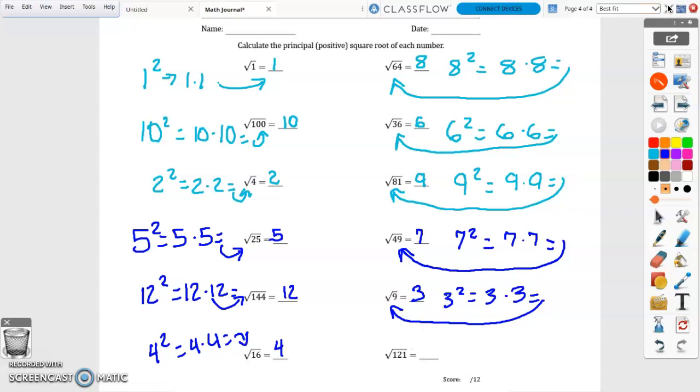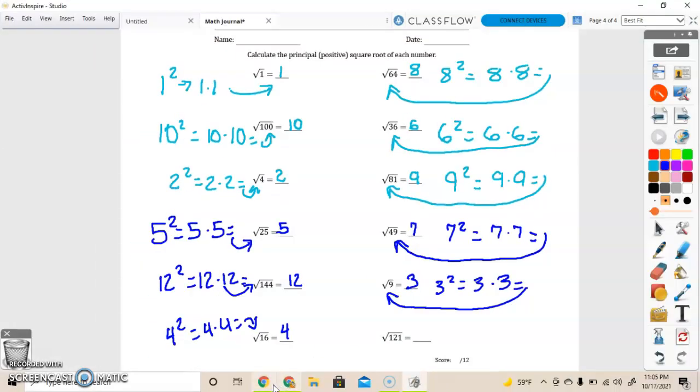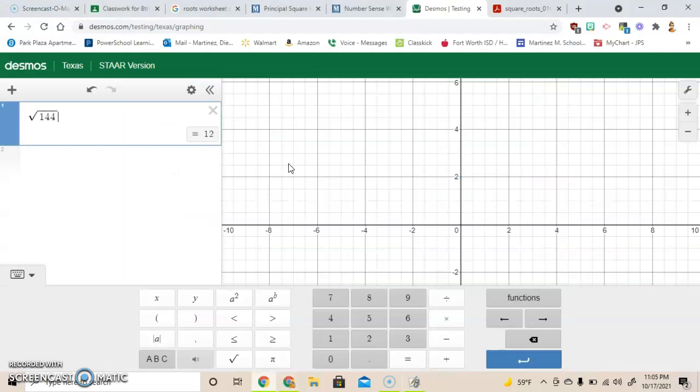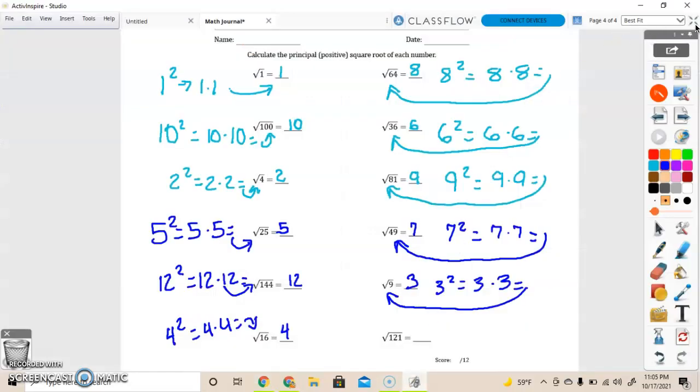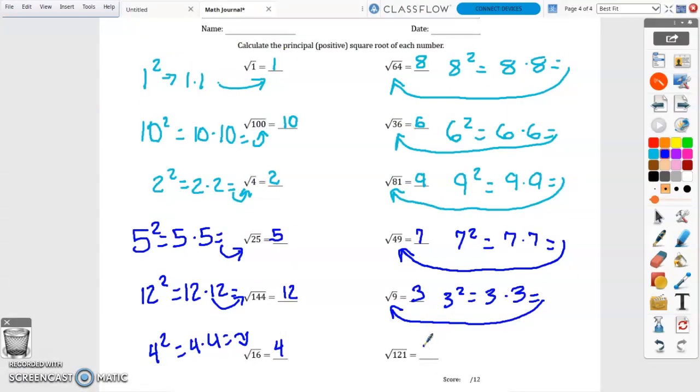Now, 121. Let's use the calculator. The square root of 121 is 11. So 11 squared is equal to 11 times 11, which is equal to 121.